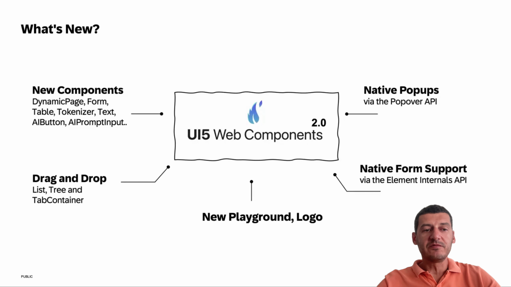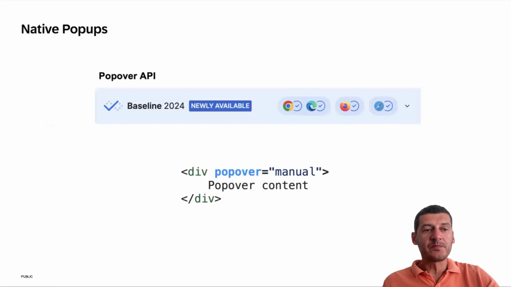On the left side, we have new components and new features that we have introduced. They make up this 2.0 release. And on the right side, we have new browser APIs that make some new things possible. We have used the chance to adopt those new APIs, and they resulted in some breaking changes. We also have an updated website where the documentation and all the examples are.